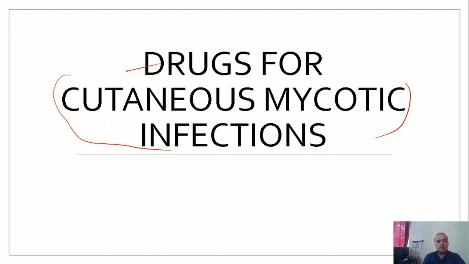There are many drugs that come under this category, but we will be talking about only a few, because the azoles are also used in treatment of cutaneous mycotic infection. But as we have seen the pharmacology of azoles under subcutaneous and systemic mycotic infection, we won't be talking about them in this particular section.